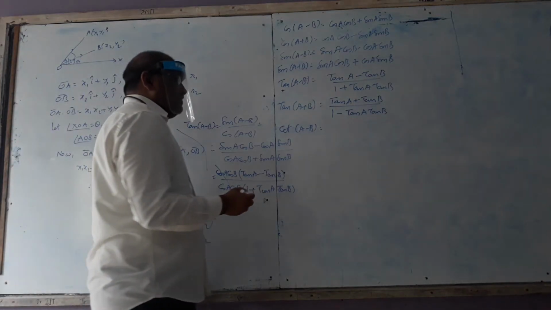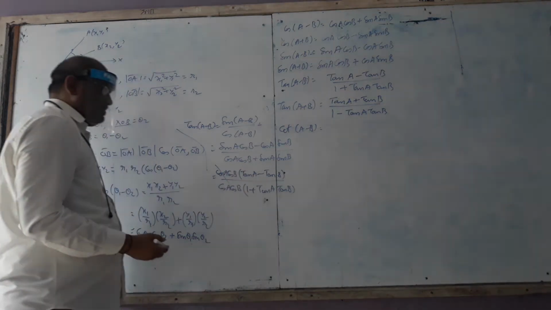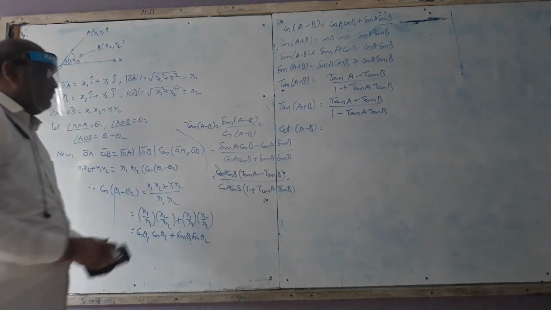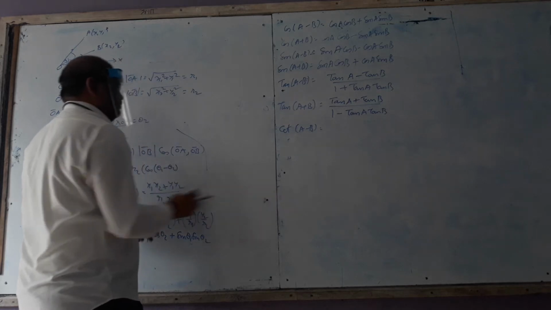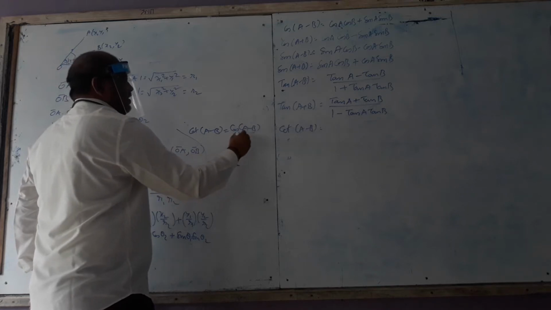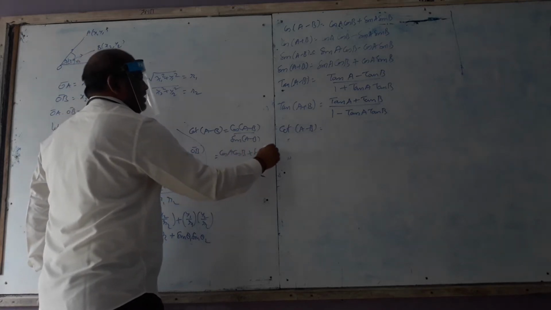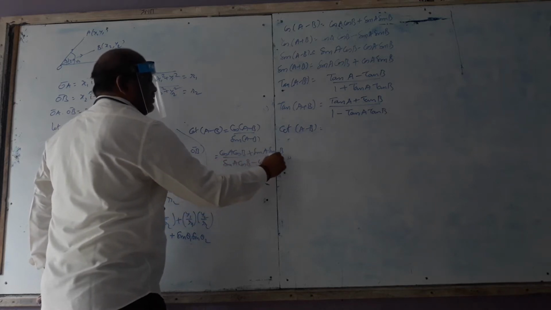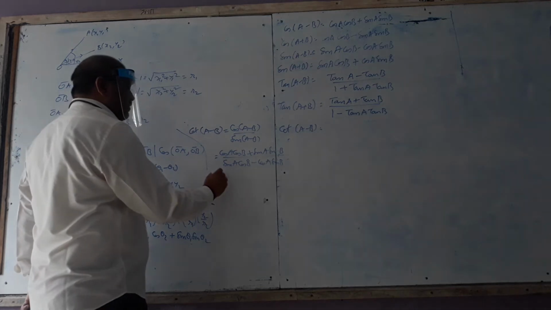So I'll write cot also. Cot of A minus B is cos of A minus B by sin of A minus B, which is cos A cos B plus sin A sin B by sin A cos B minus cos A sin B. To write in terms of cot, take sin A sin B common in the numerator.